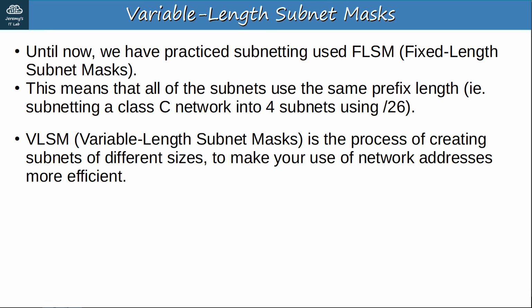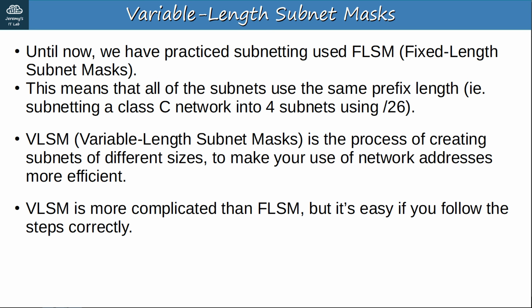However, VLSM, Variable Length Subnet Masks, is the process of creating subnets of different sizes to make your use of network addresses more efficient. Now, VLSM is more complicated than FLSM, but it's easy if you follow the steps correctly. So that's what I want to teach you now, the steps to subnet a network using VLSM.